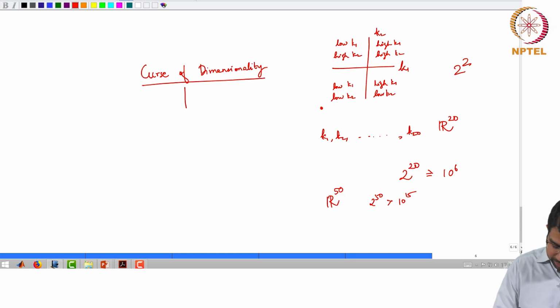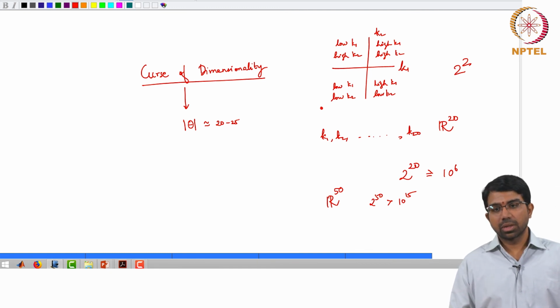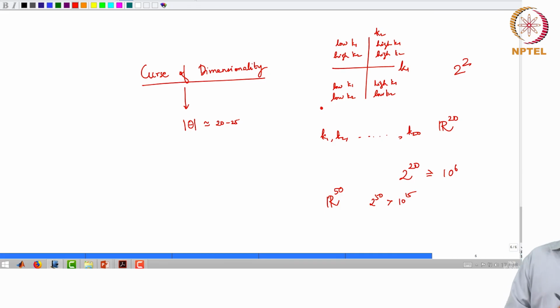So, in practice, the size of your parameter set is maximum some 20, 25 if you are doing an unconstrained search, but usually you start restricting the parameters.